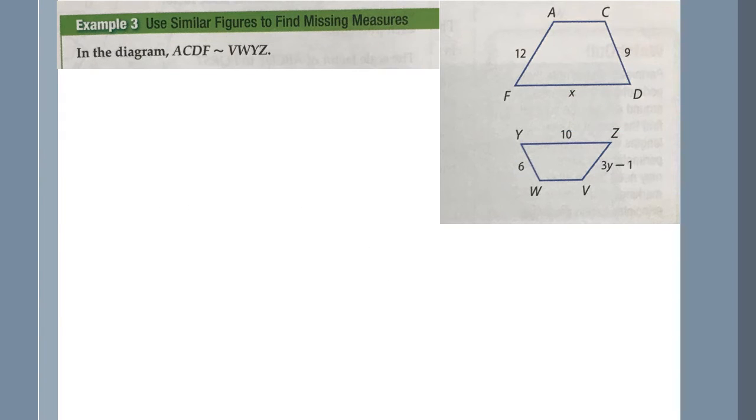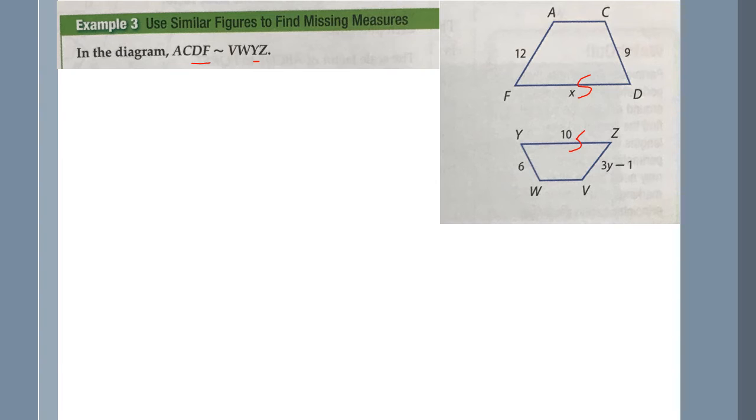All right, so we're given this diagram here and we want to find the missing measurements. The thing I try to do with this is set this up in such a way that I can solve it easily. So I know that FD matches up to YZ, so I'm going to put a little mark like this.